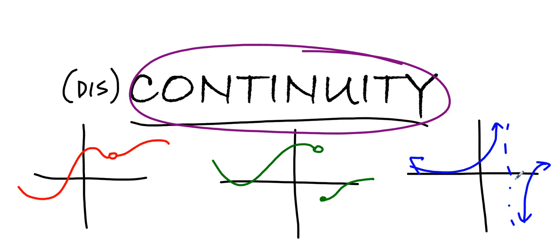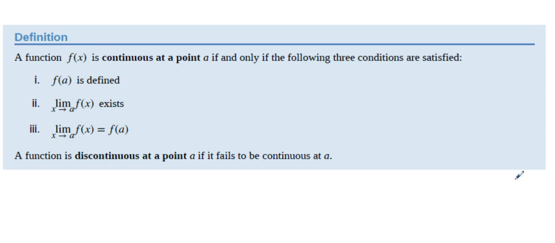Your author Strang and his friend Herman give this a try. Here's what we mean when we talk about a function being continuous at a point, and this is screenshotted right out of your textbook. So we say that a function is continuous at a point A if and only if the following 3 conditions are satisfied.